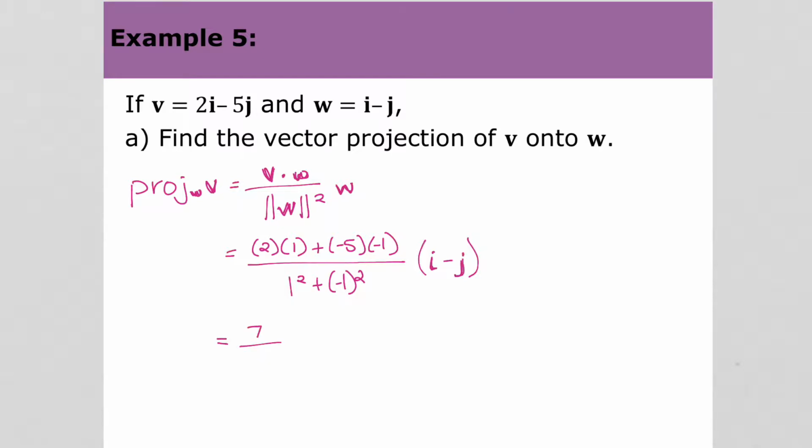On the bottom, 1 plus 1 is 2. Multiplied by I minus J. So that's just 7 halves I minus 7 halves J. So the projection of V onto W is the vector 7 halves I minus 7 halves J.